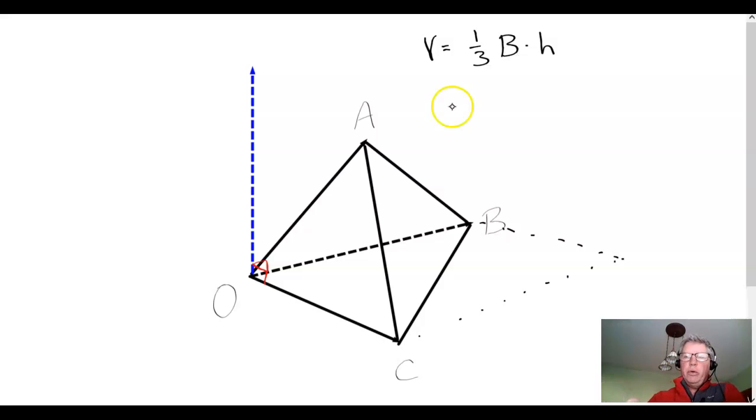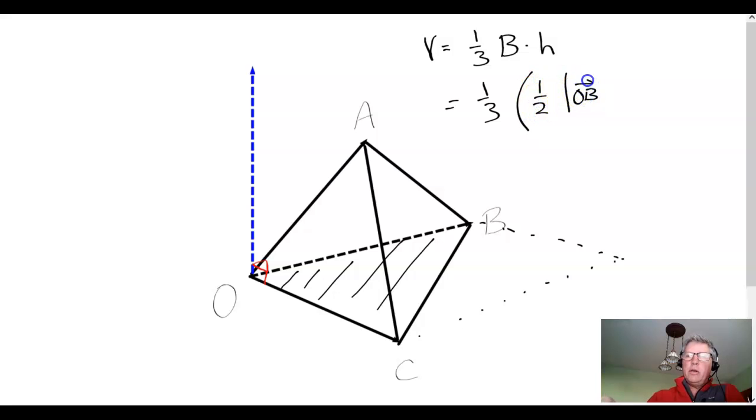That's pretty cool. We already know that if I want to find the area of a parallelogram, it's going to be the magnitude of the cross product, or vector product, of the two vectors. So the triangle is going to be 1/2 OB cross OA. And the height of this thing is going to be this length right here.